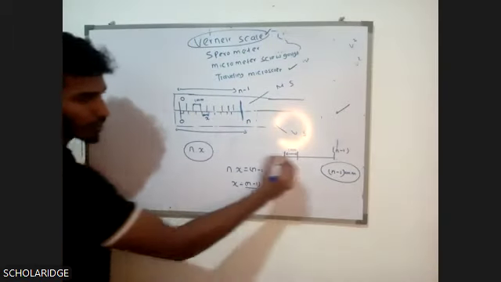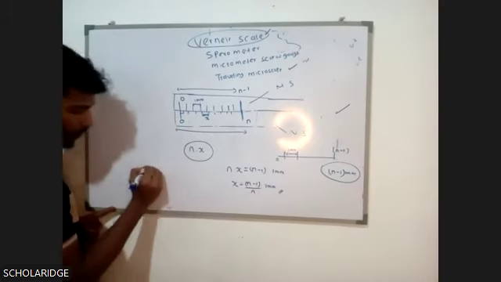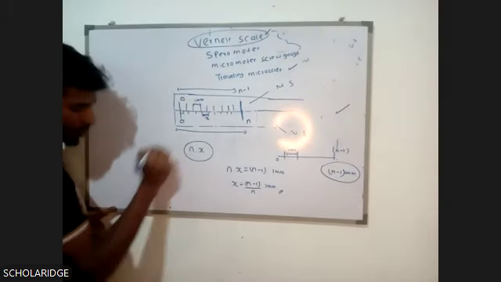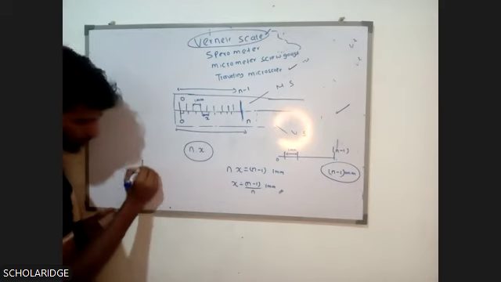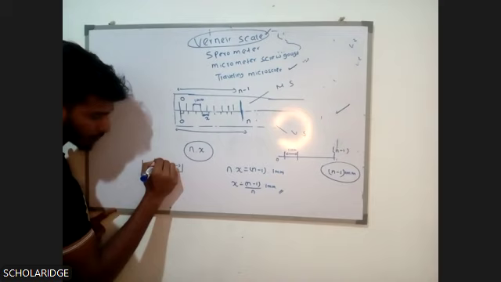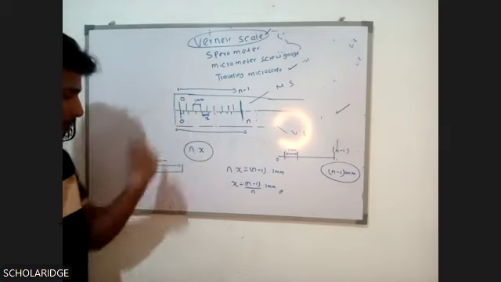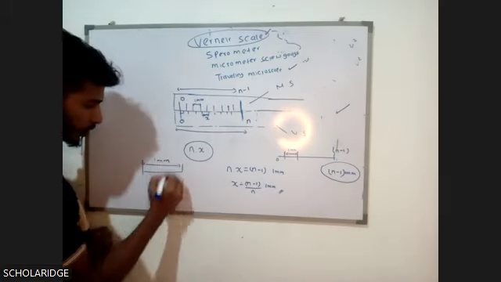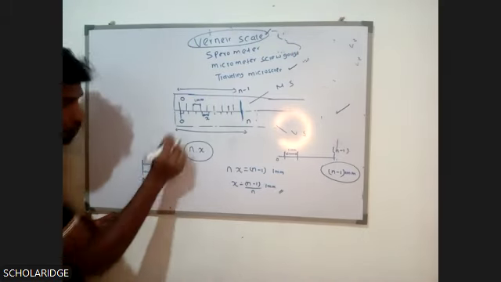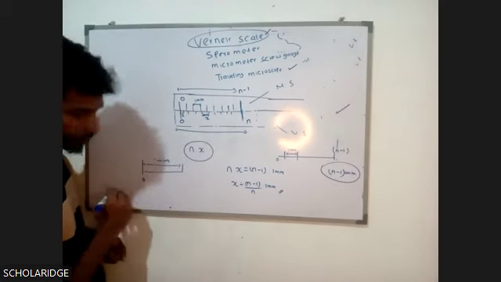So if you compare both these divisions from the 0 mark, we have a 1 millimeter gap between these two. That's a 1 millimeter gap. And if you compare the vernier division, there's an x millimeter gap.